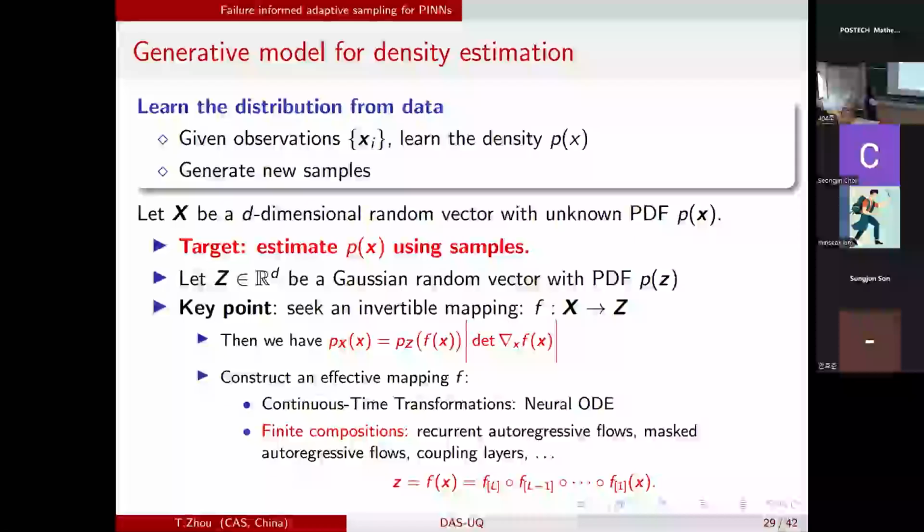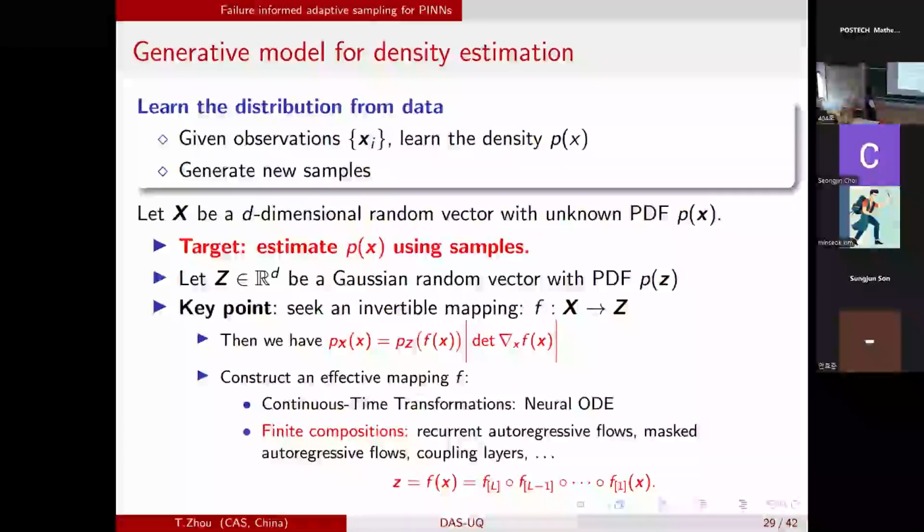Normalizing flow means that I want to find a map between this density and a Gaussian density, or a simple density, I should say. You want to approximate this, which is complicated. But now I want to find the inverse mapping from this to the Gaussian. If I can find this map, then I can sample the Gaussian and, through this map, sample this density. This is the basic idea of normalizing flow as a generative model. So the idea is very simple.